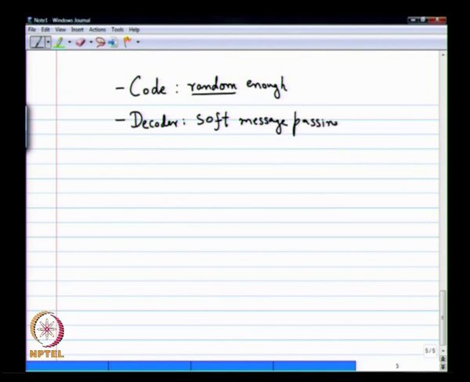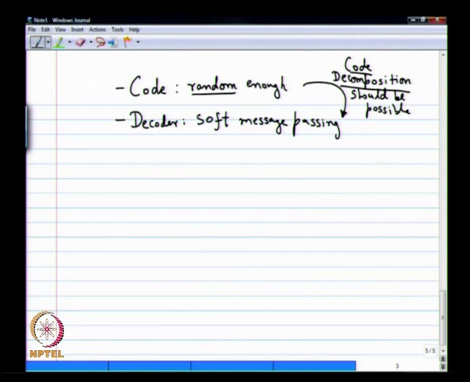And what enables soft message passing in the construction of the code? More than concatenation, I want to use the word decomposition. The code decomposition should be possible. This is again a crucial idea in the design of the code. What do I mean by decomposition? A loose word again, but you can decompose a large code word into several small code words.